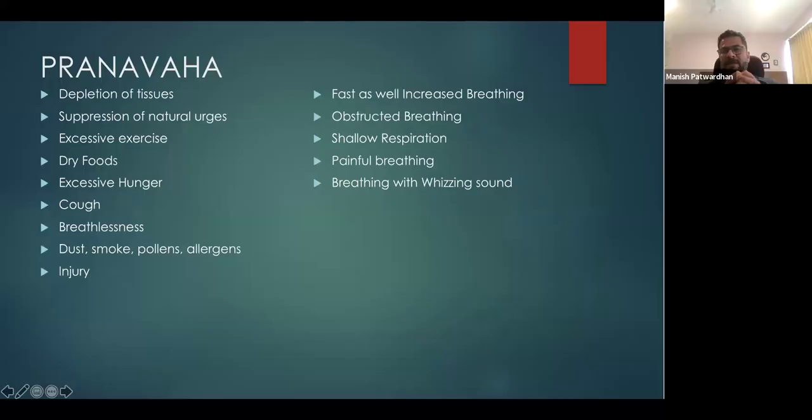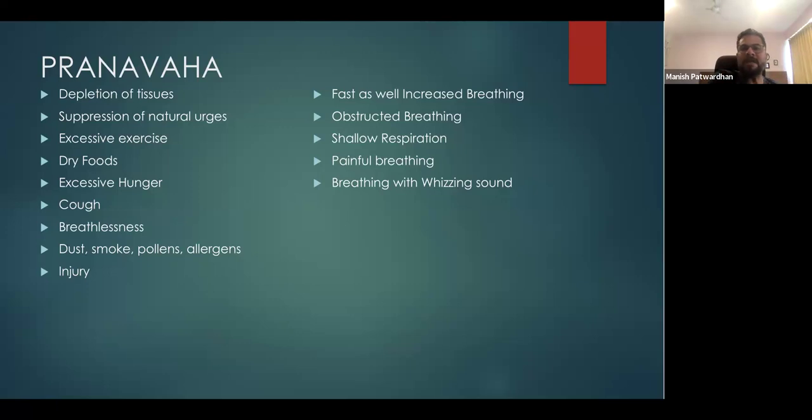So I was saying that exercise is basically a Vyana activity, correct? Subtype of Vata, it's a Vyana activity. So excessive exercise, excessive contraction, expansion of muscle is also Vyana activity. It is a movement activity which also aggravates Vata.